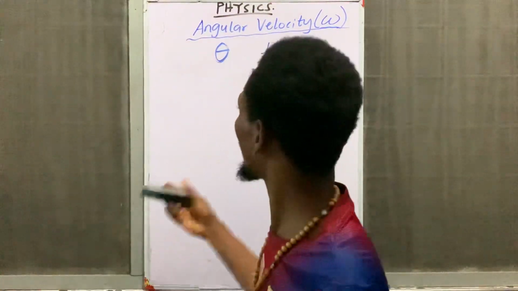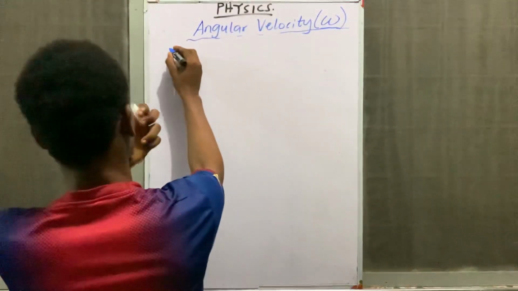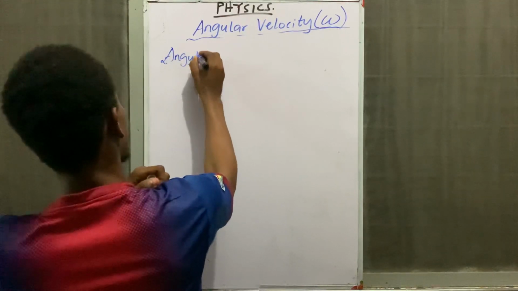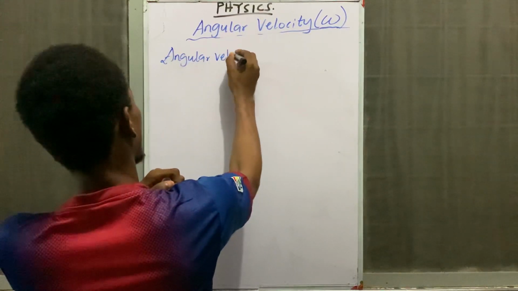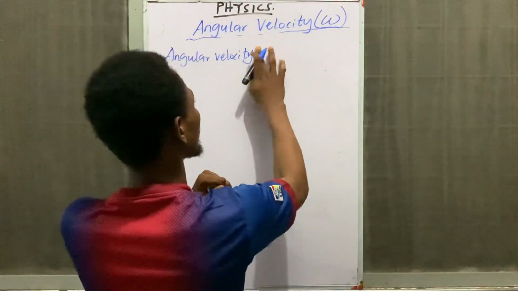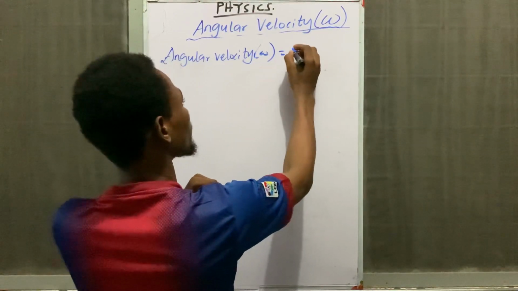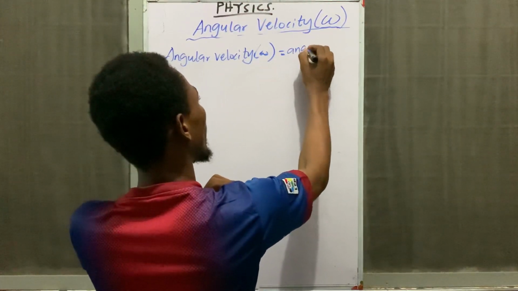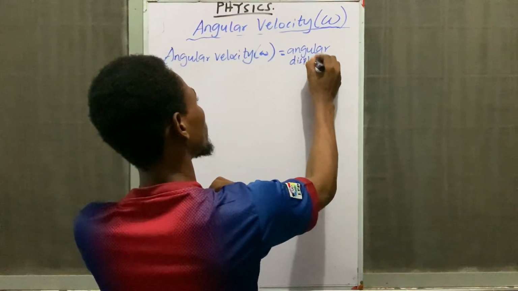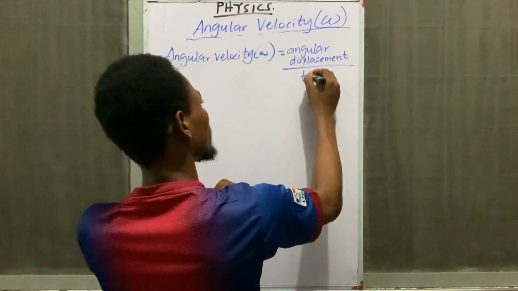So we say angular velocity, therefore angular velocity equals, that's my omega, equals the angular displacement divided by what?